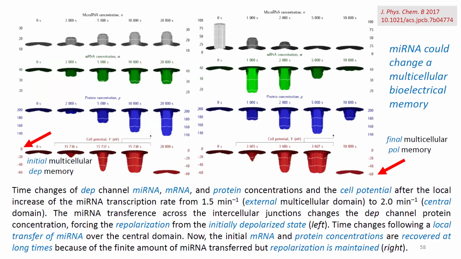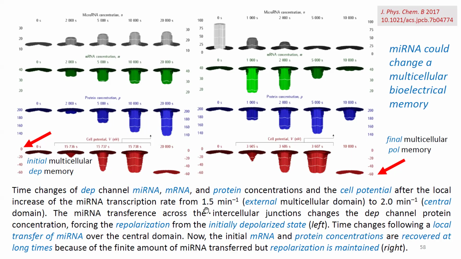When we solve this, we indeed find that an initially multicellular depolarized memory state can, because of the transference of the non-coding RNA, be changed to a polarized state, because in this case we are affecting the depolarizing channel. If we are downregulating the depolarizing channel, it is possible that the polarizing channel eventually dominates, and we can convert an initially multicellular depolarized memory into a final multicellular polarized memory.